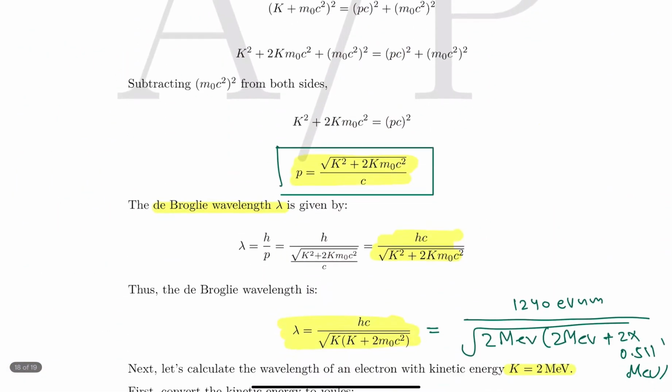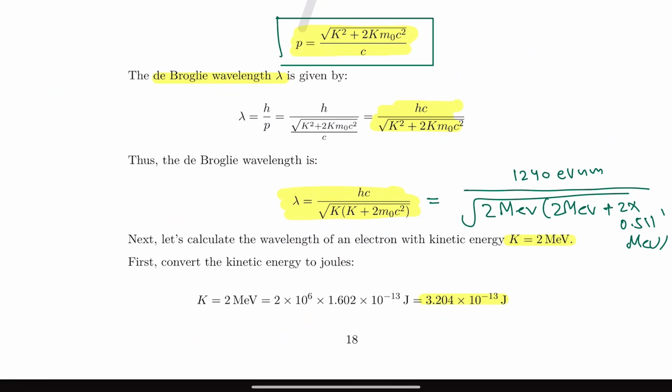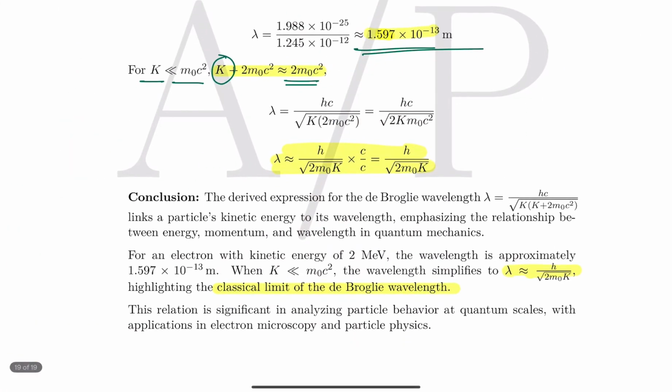So in this equation, we are going to just neglect this value, and we could finally write that it is simply hc divided by the root of K times 2 K m naught c square, and when you do some manipulation, you finally get h upon the root of 2m kinetic energy, all under the square root.